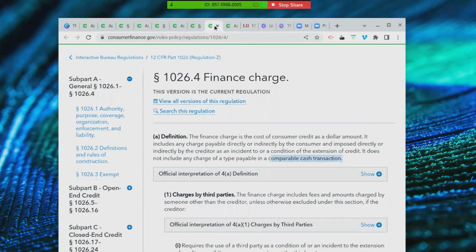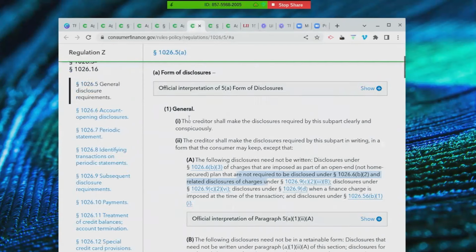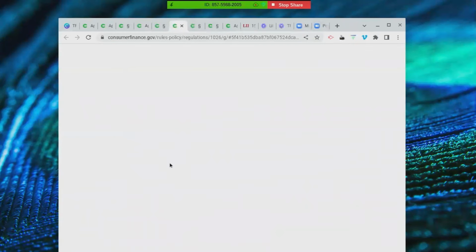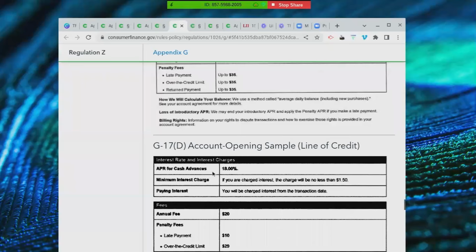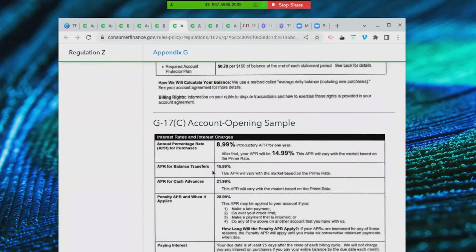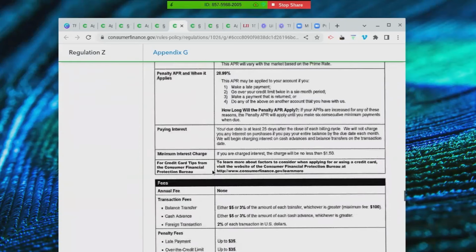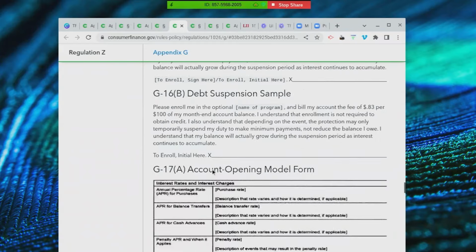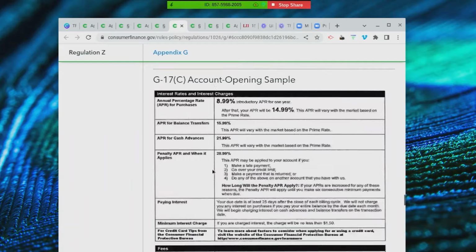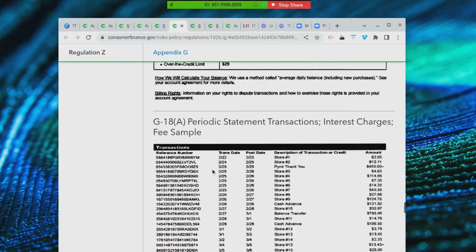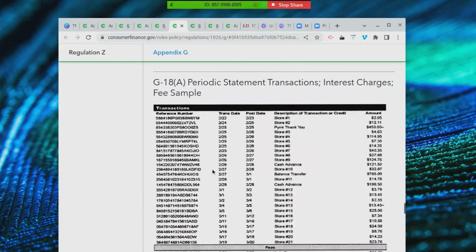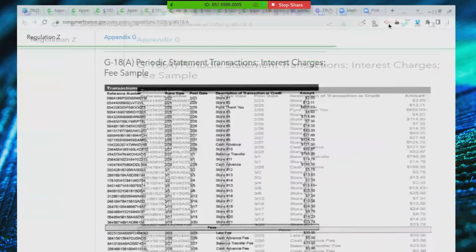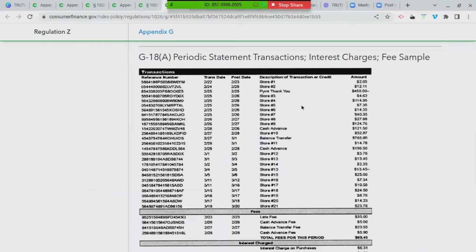Let me see. Okay, yeah, it was this one. Okay, so it was this one.